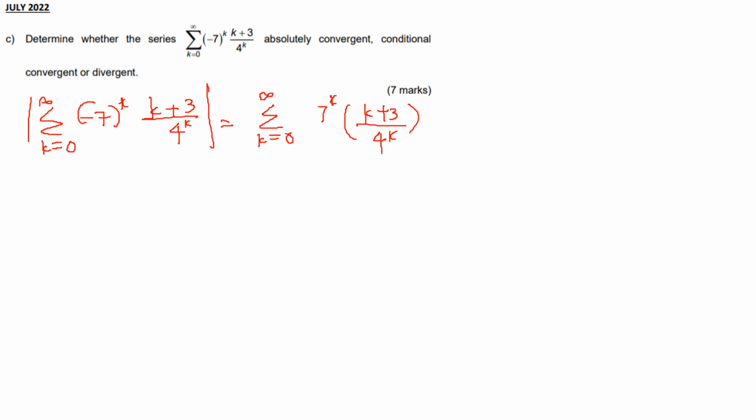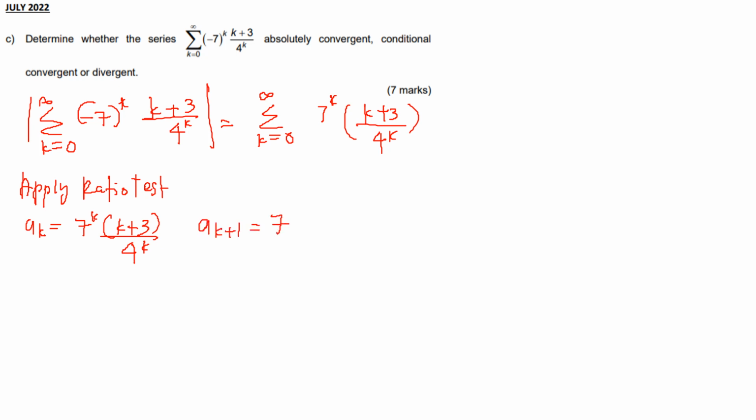Okay, so by applying the ratio test, you write "apply ratio test." You have to write what kind of test you want to use in every question. For the ratio test, we need a_k equals 7^k (k+3) over 4^k, and then a_(k+1) equals 7^(k+1) (k+1+3) over 4^(k+1).